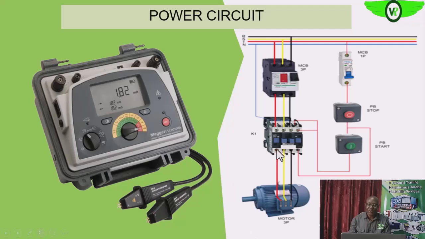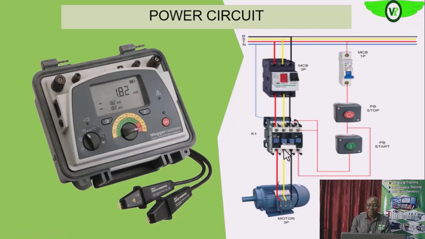So when you run your low resistance test between line 1 and line 2, assuming we have a star connection, you are testing the resistance of this conductor, through one winding in the stator coil, and then through another winding, that is the second phase winding, then this yellow conductor to this point.